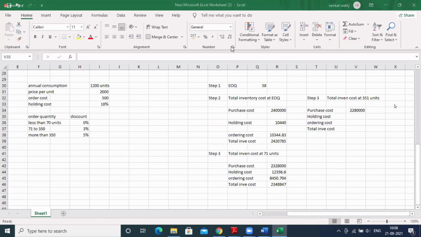Yes, 2,28,000. Then holding cost. What will be the holding cost now? $60,021, very good.